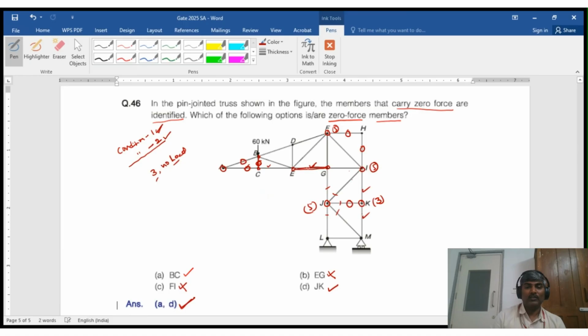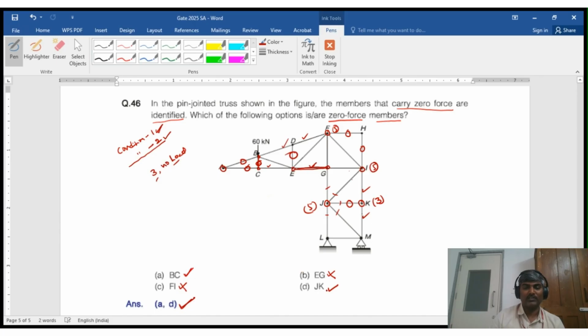And joint D, there are 3 members, 2 are collinear, inline, there is no load, so the third member force is 0. Likewise, you can go on identifying zero force members. But in the given options, these members are not present.